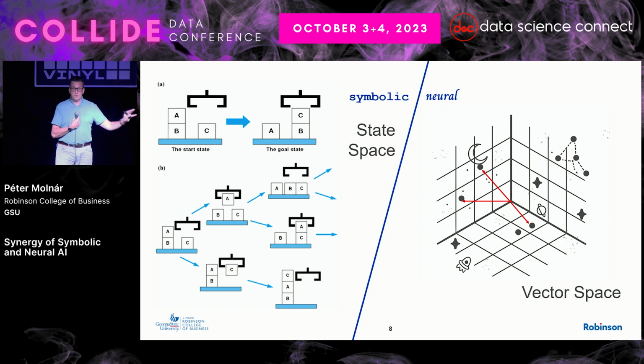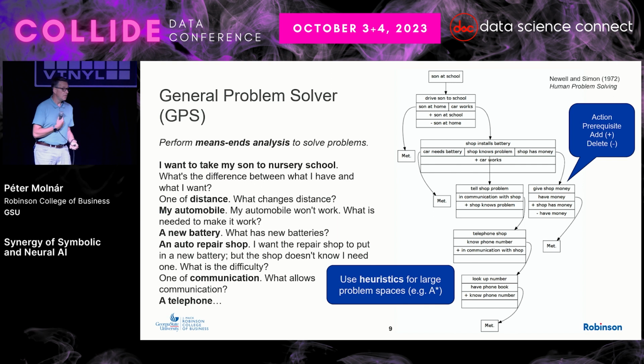You can think of this as a graph, a state graph or state space in the logical, symbolic domain, versus what in the neural domain we call vector spaces.